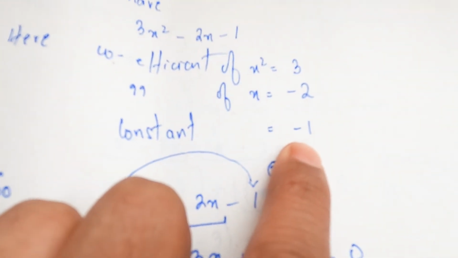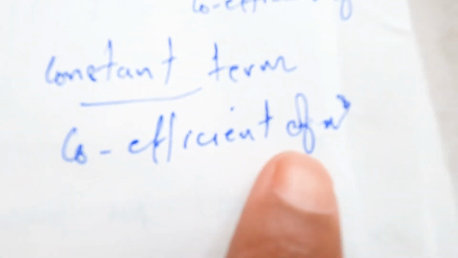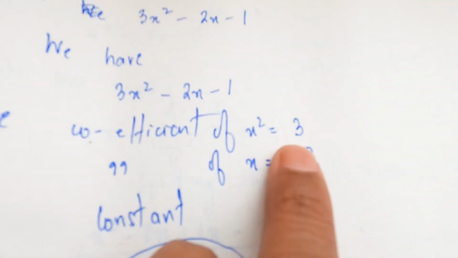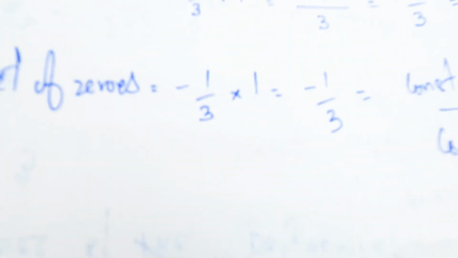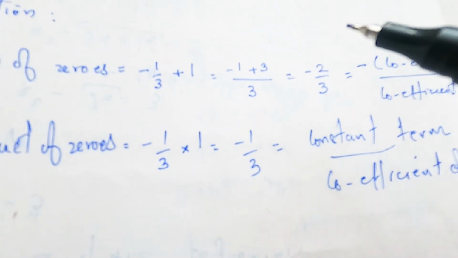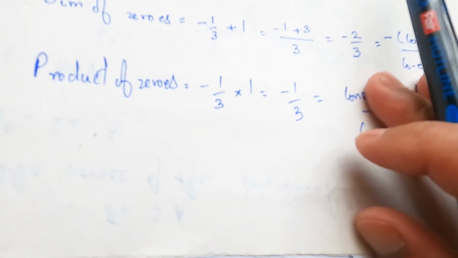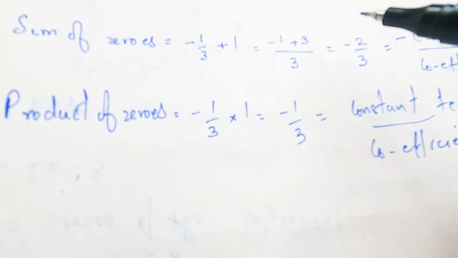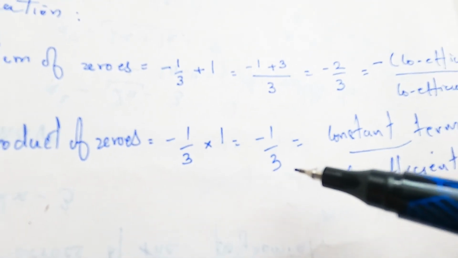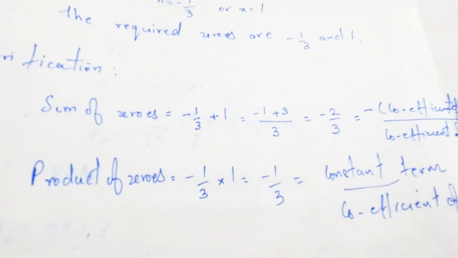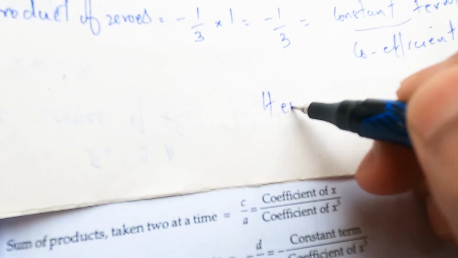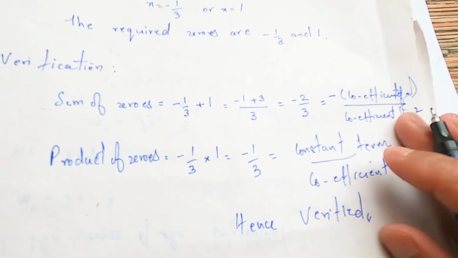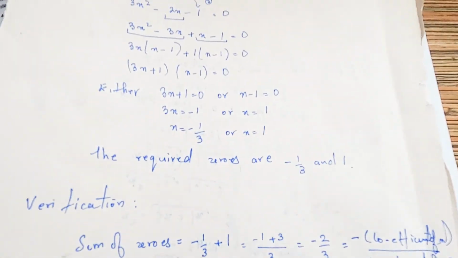Yes, the constant term is minus 1, and the coefficient of x square is 3. So in this case also, the coefficient of x square is 3. So we have proved that the relationship between the zeros and their coefficients holds, and they are equal. So you write: hence verified. This will be your answer.